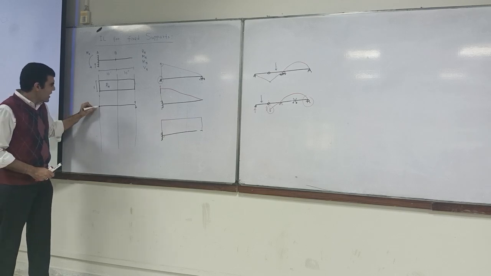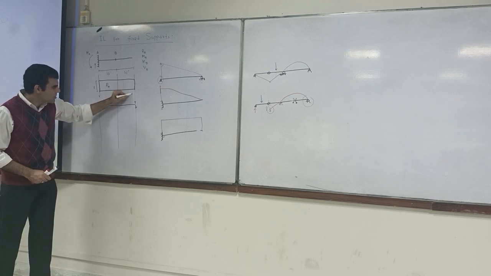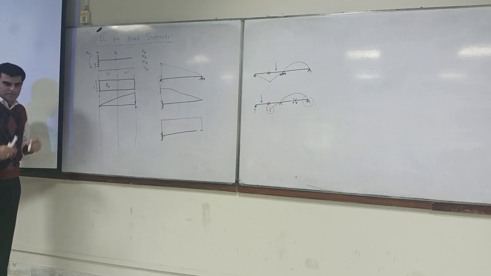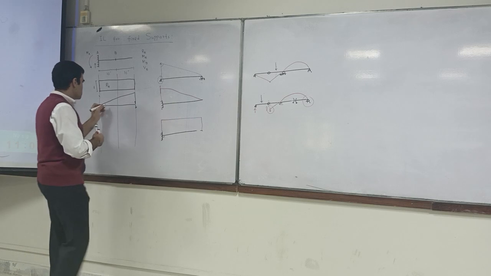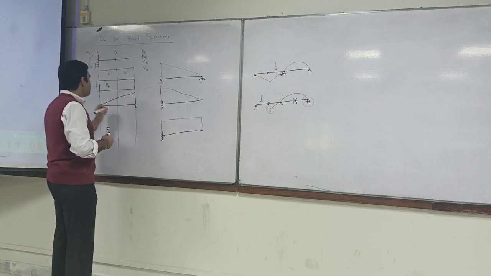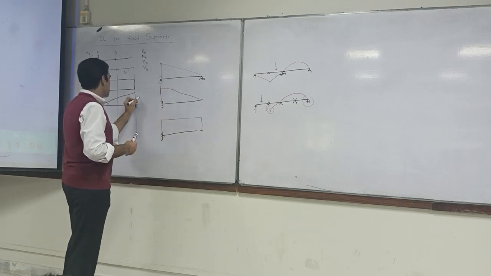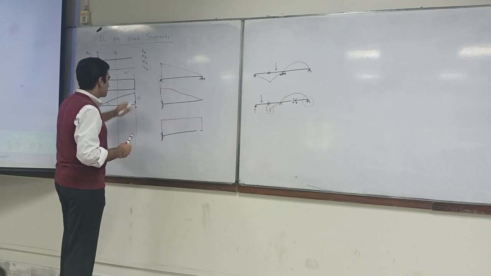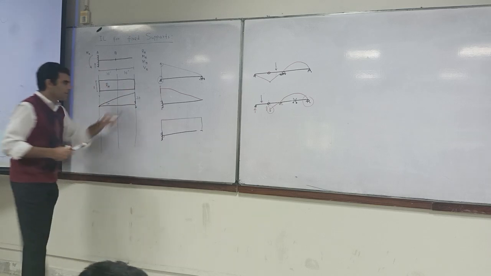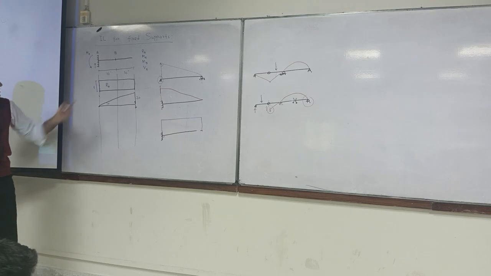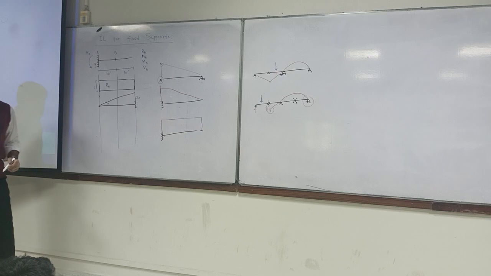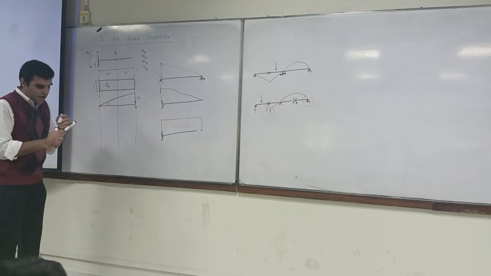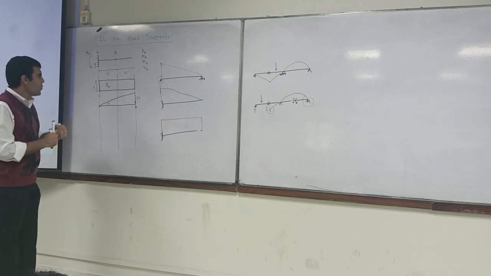So, if I draw something like this, this is 1 and this is 20. 10 and 20. So this is 1, this is 20.